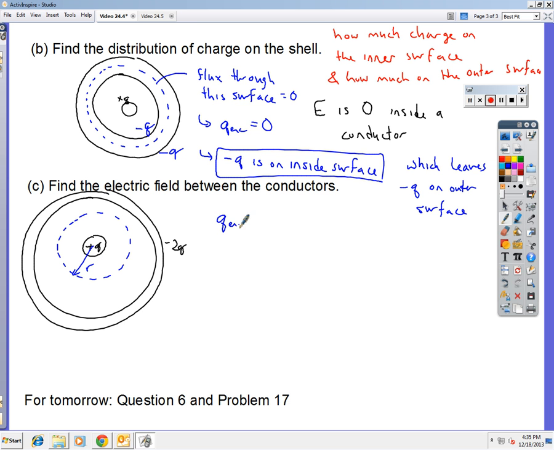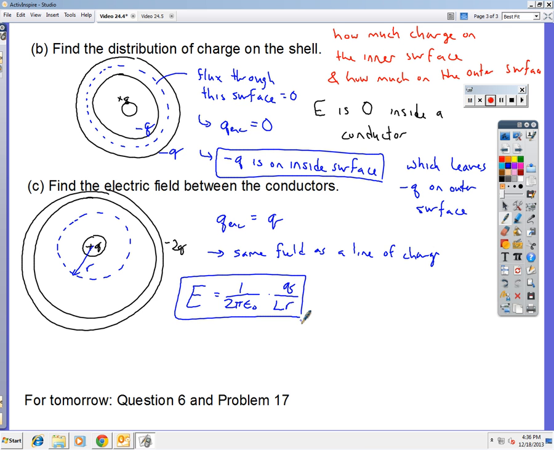The enclosed charge equals q, just plus q, and that means this is basically just a line of charge. Same field as a line of charge. And so electric field equals 1 over 2 pi epsilon 0 times q over L times r.